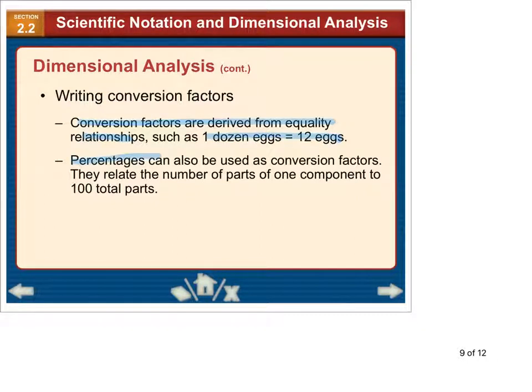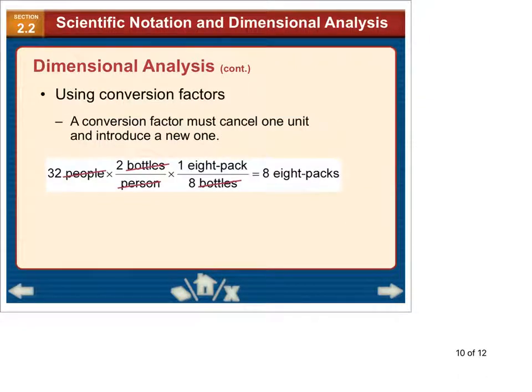Other things, we can use percentages as conversion factors. Also things like density can be a conversion factor. Speed can be a conversion factor. Lots of things can be conversion factors. We use a lot of different things.